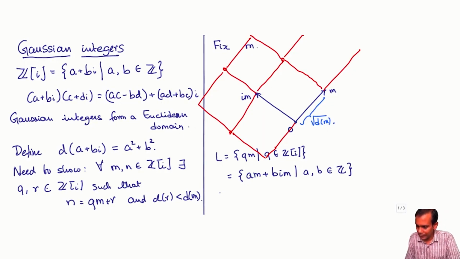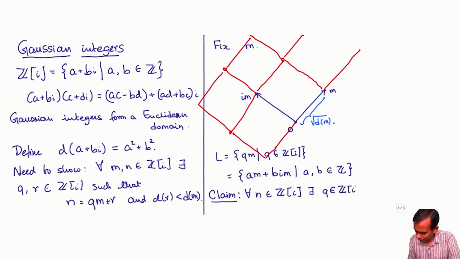Now I claim that for every n in Z[i], there exists q in Z[i] such that d of n minus qm is less than d of m.